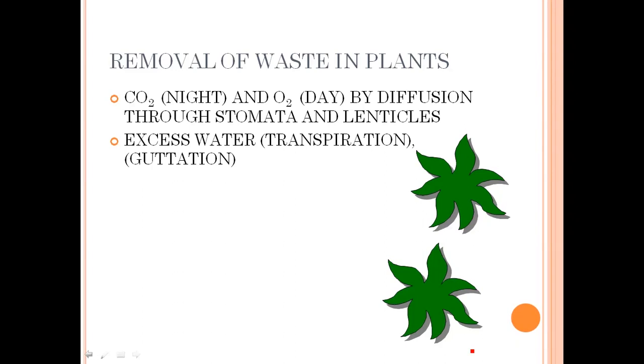Guttation is the removal of water in the form of water droplets from specialized structures called hydathodes. Generally, guttation occurs during early morning hours, whereas transpiration occurs throughout the day.